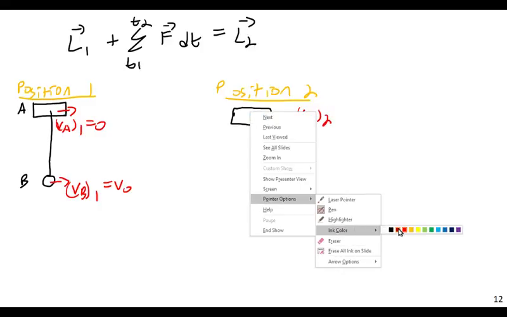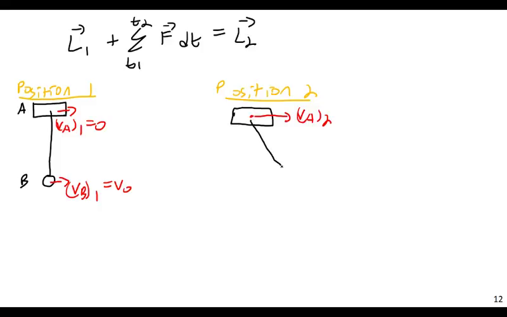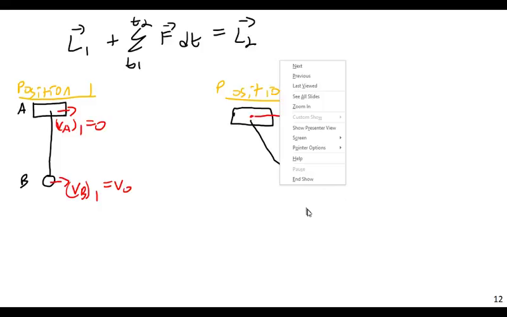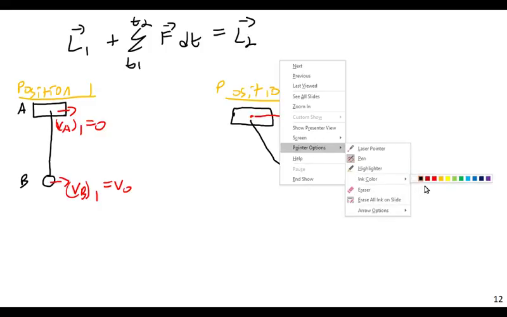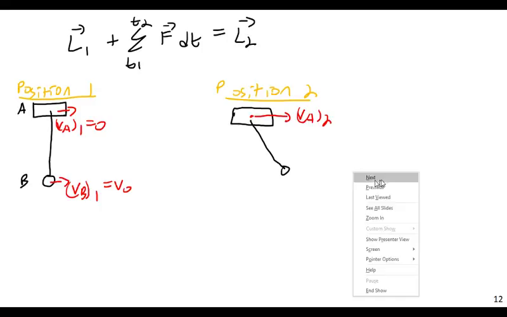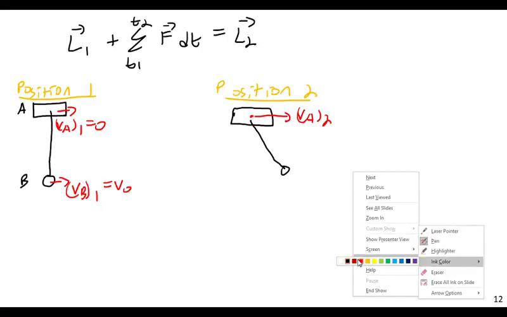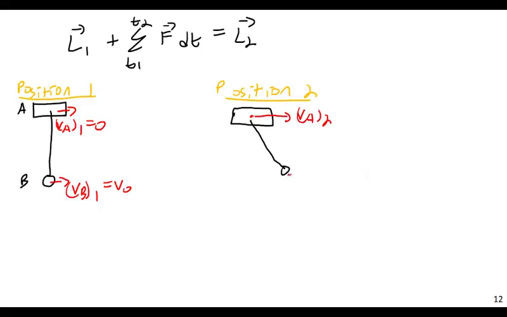And the ball, the pendulum, also has velocity VA2. So VB at 2 is equal to VA at 2, and the velocity of A with respect to B at 2 is 0.